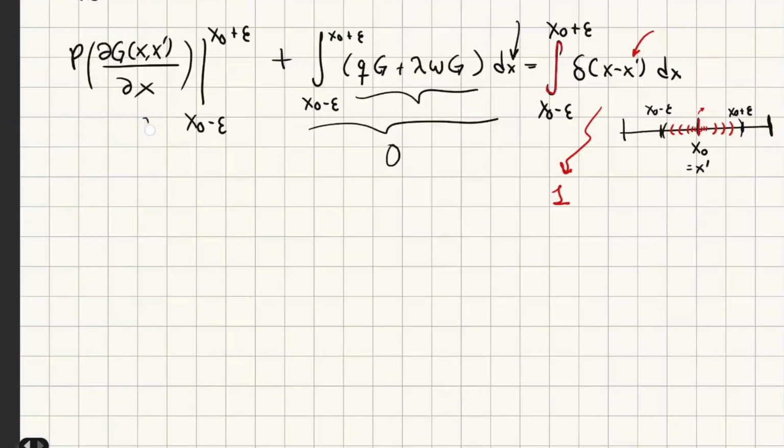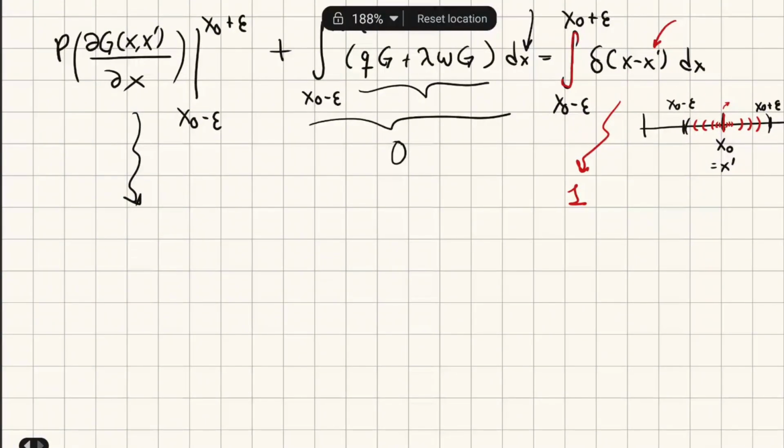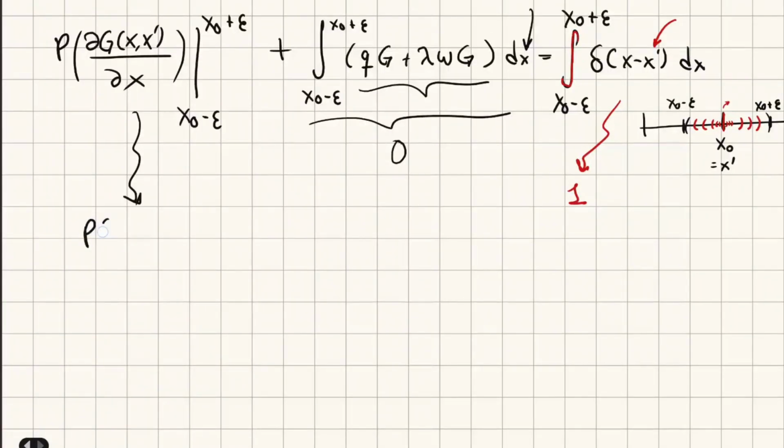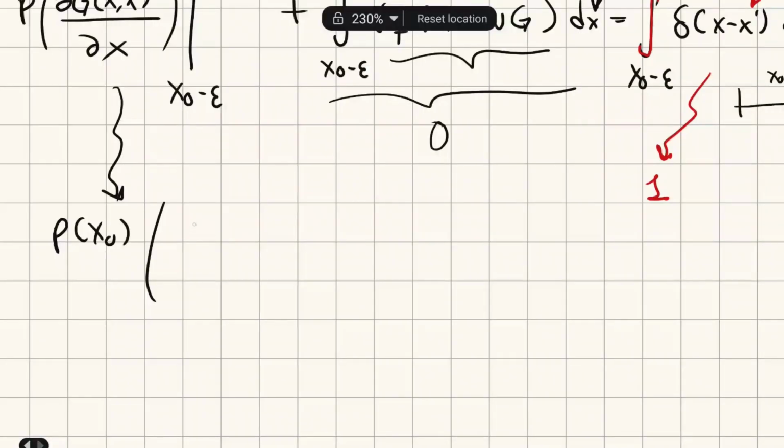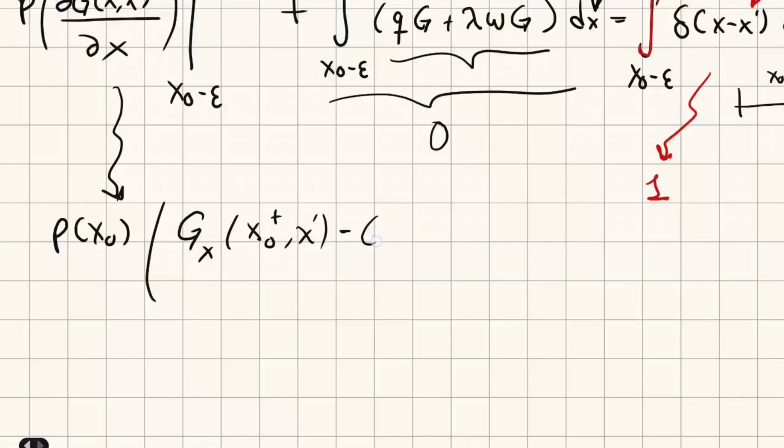Perfect. And from here, we have again the same thing. We evaluate at x0 because epsilon tends to 0, and we have p of x0 that multiplies. Let me write this in this notation: g sub x, x0 from the right, x prime, minus g sub x evaluated at x0 from the left, x prime, equals 1.